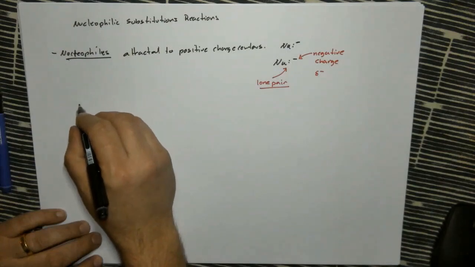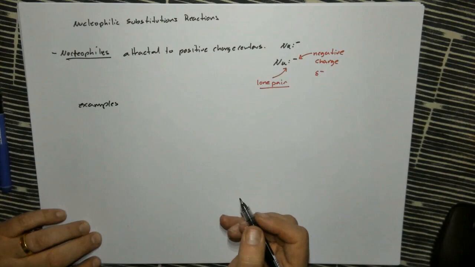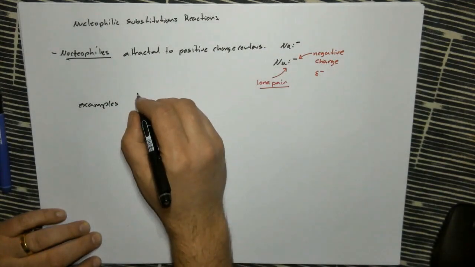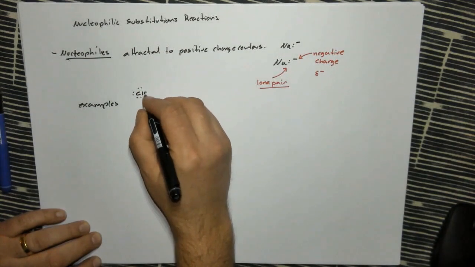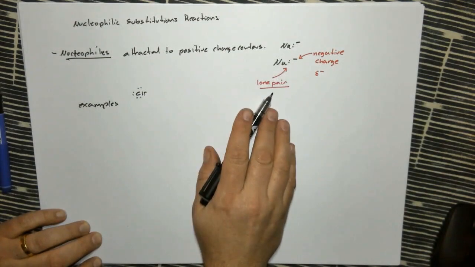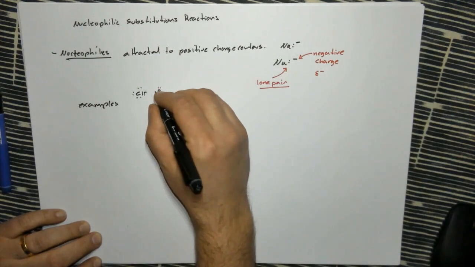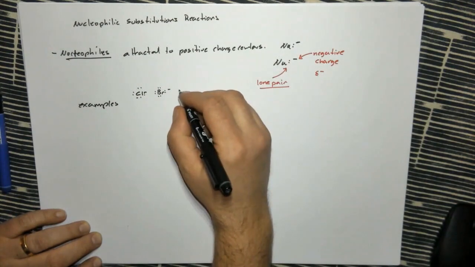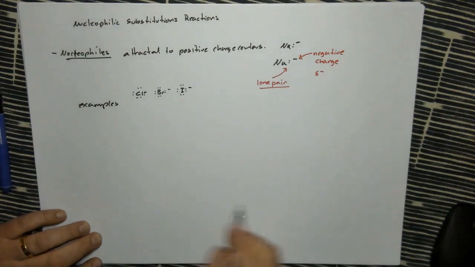Some examples of nucleophiles that work for us, the most commonly used, are something like chloride, Cl minus, which is surrounded by lone pairs and has a negative charge. And its close relatives in the halogens, bromide and iodide.